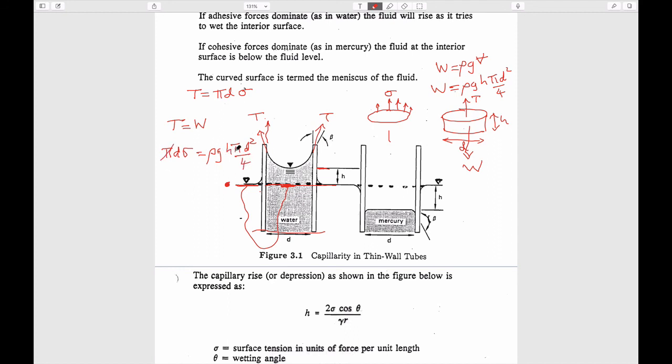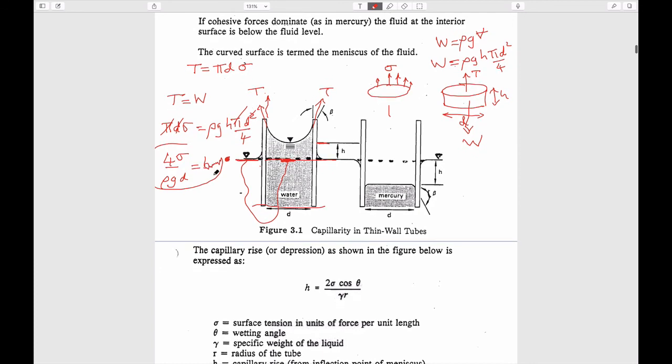The pi's go out, one of the d's goes out. And so I can rearrange that as 4 times sigma divided by rho g d is equal to h.